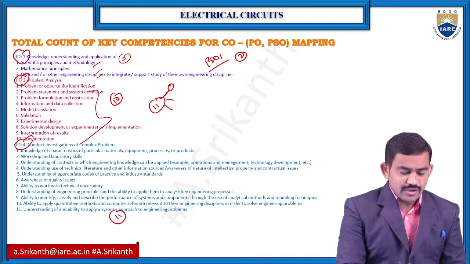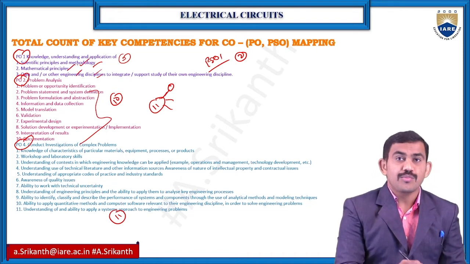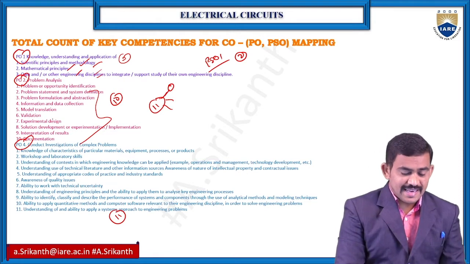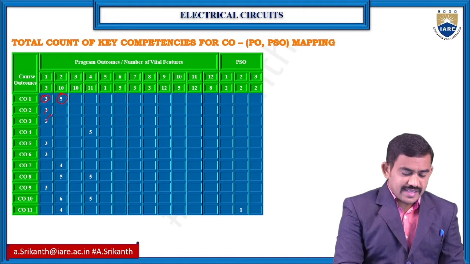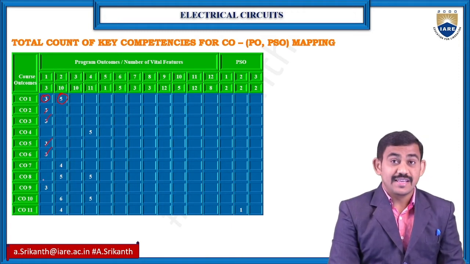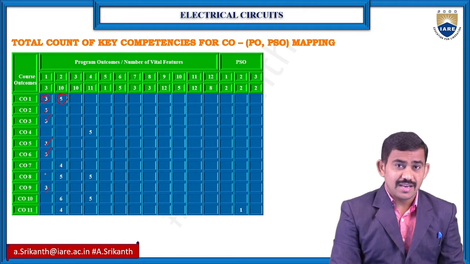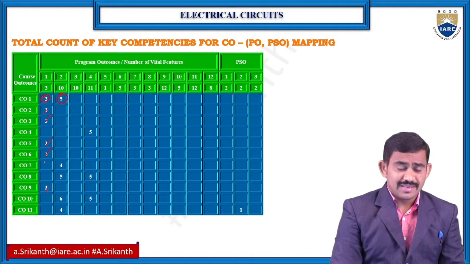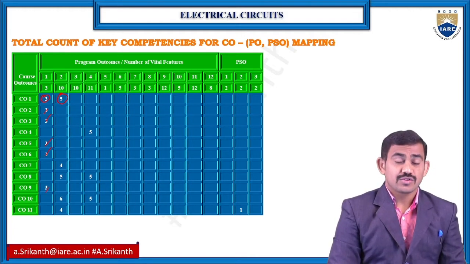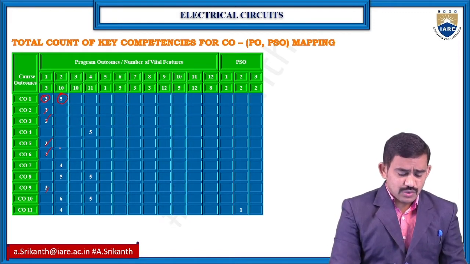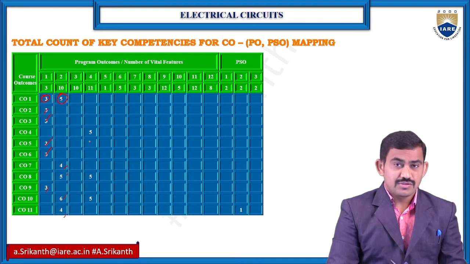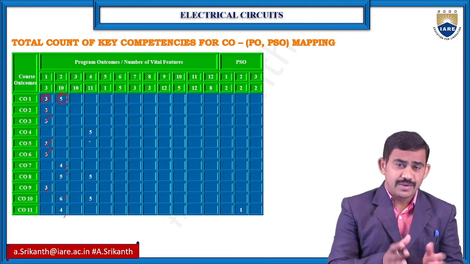I gave 3, so we require 3 components for CO1, and here I have 5. And for each, remember and understand, I have PO1, so for PO1 I have full strength. Full key components I require for my POs. And coming to CO2, I gave different values, depending upon our CO and POs.